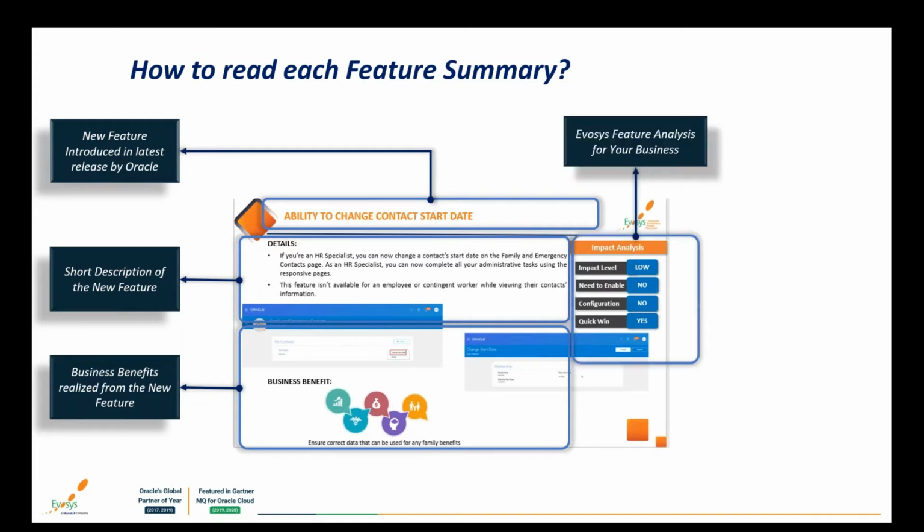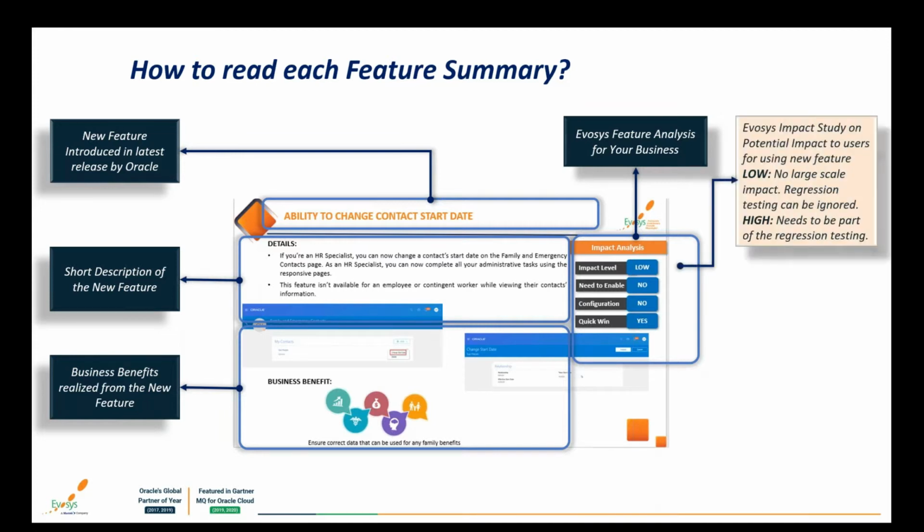And then on the right-hand side of each of those slides, we include a high-level impact analysis with 4 main areas. So firstly, you have the impact level, and this is generally the impact that it's going to have on your Oracle Cloud environments. So a large-scale impact being a high, so effectively you'd need to consider regression testing, and a low would be the complete opposite.